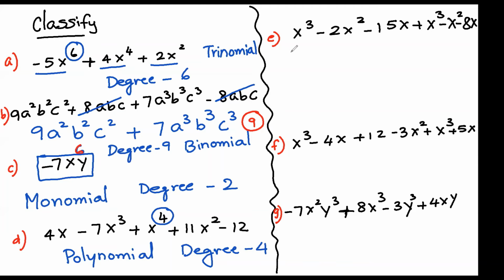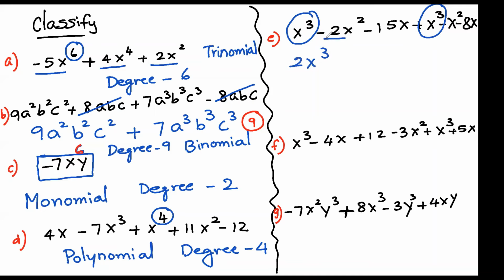Now let's look at E. X cubed minus 2x squared minus 15x plus x cubed minus x squared minus 8x. It's a lengthy polynomial, right? But you can clearly see that there are like terms. You see that there is x cubed here, x cubed here. So I can combine those two. X cubed plus x cubed is going to be 2x cubed.